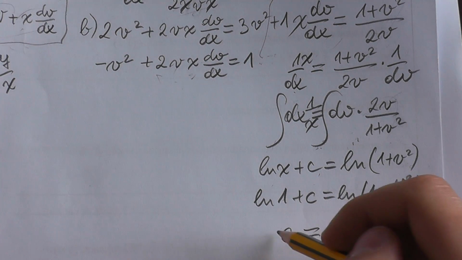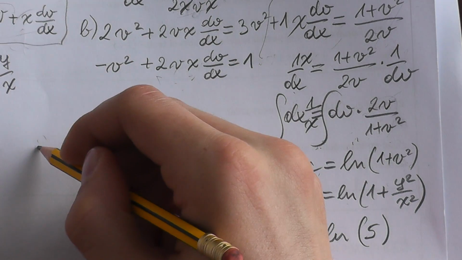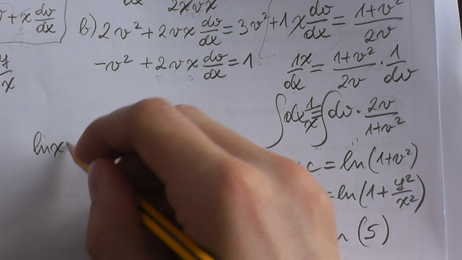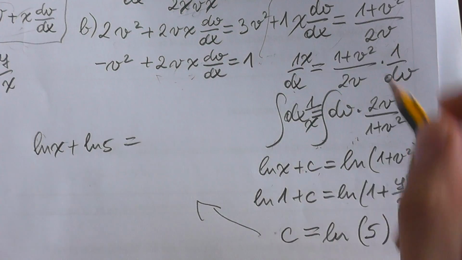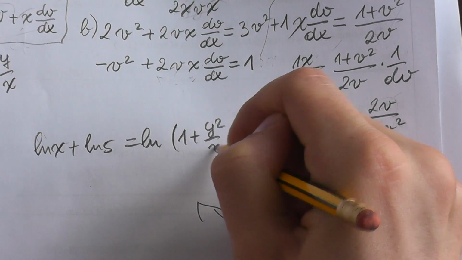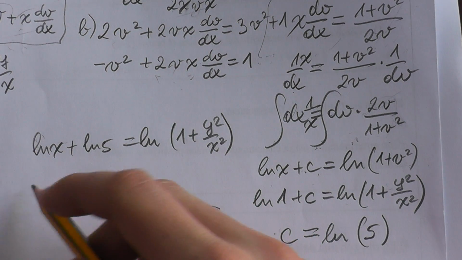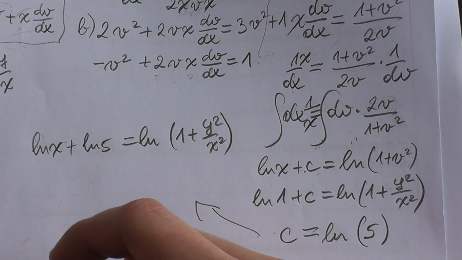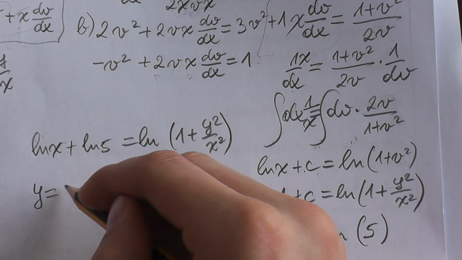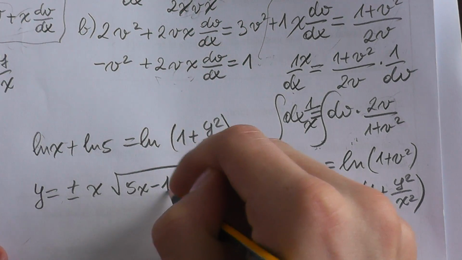And so the answer to our equation is going to be ln x plus ln 5 is equal to ln of 1 plus y squared over x squared. If you were to manipulate this around, you would get that y is equal to plus or minus x times the square root of 5x minus 1.